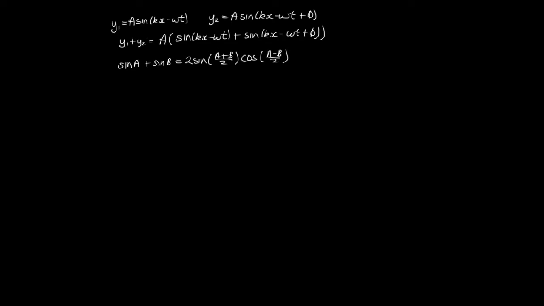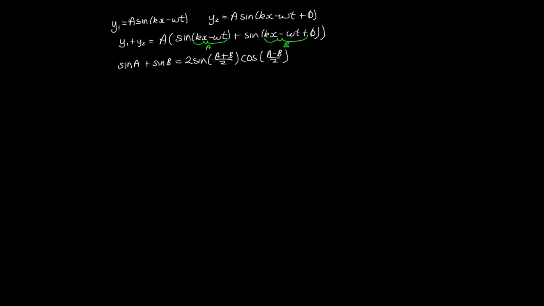Now these A's are not the same A. The A here is the amplitude. This A stands for whatever's inside the sine function. So equating this to our expression here, we can see that this term here is going to be our A, and then this term here is going to be our B.